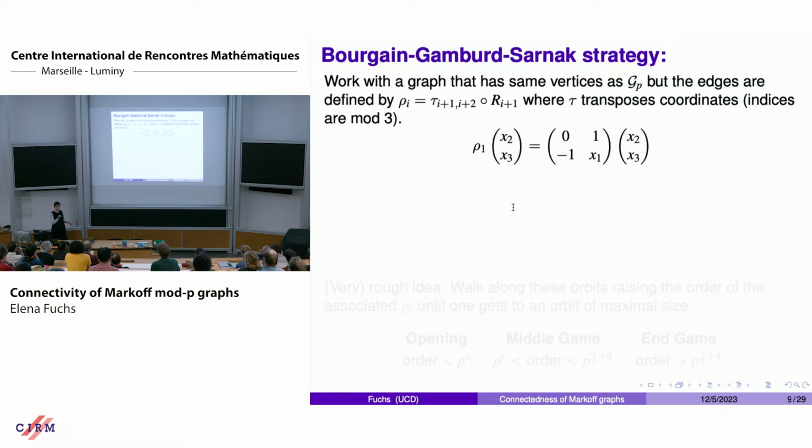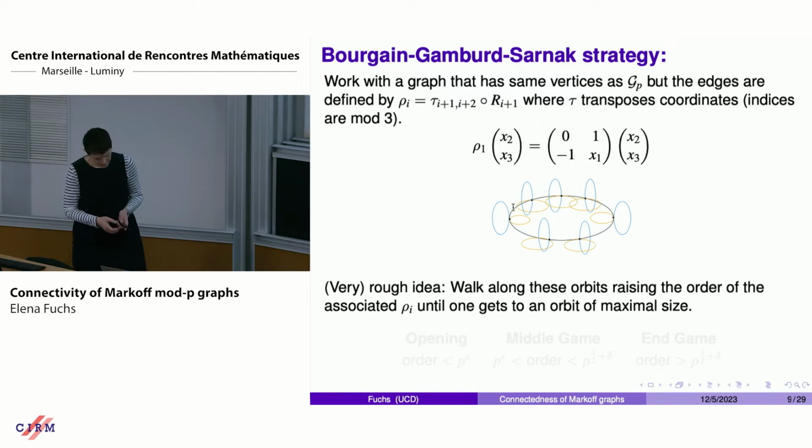Because for every triple x1, x2, x3, this will be some different subgroup of SL_2 of p, and you can't just take all of them and somehow glue them together into one subgroup of SL_2 or something like that. So it's not how it works, but this is nice because you can then come up with some nice statements that are coming from this linear group.